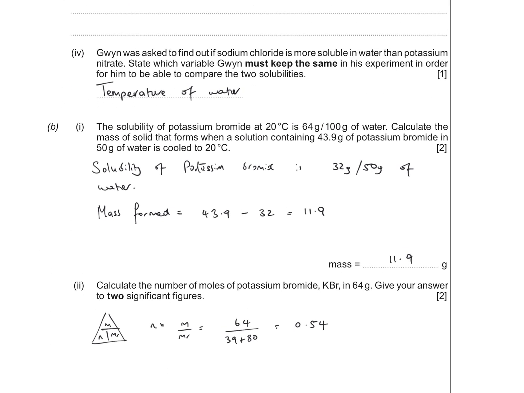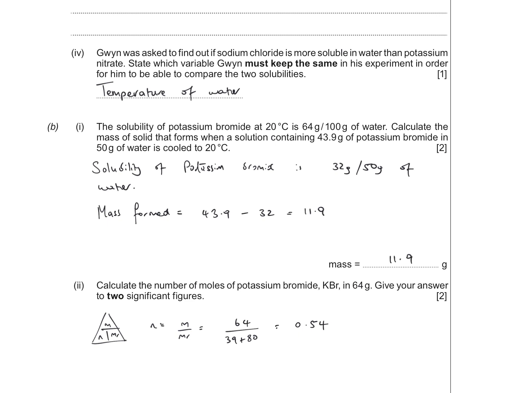The solubility of potassium bromide at 20 degrees is 64 grams per 100 grams of water. Calculate the mass of solid that forms when a solution containing 43.9 grams of potassium bromide in 50 grams of water is cooled to 20 degrees.